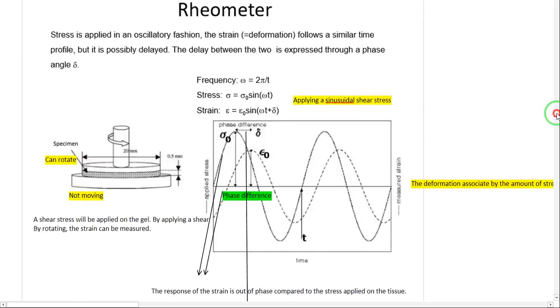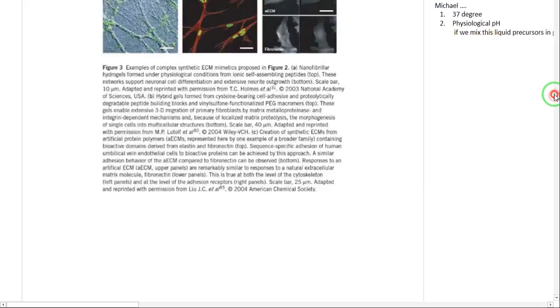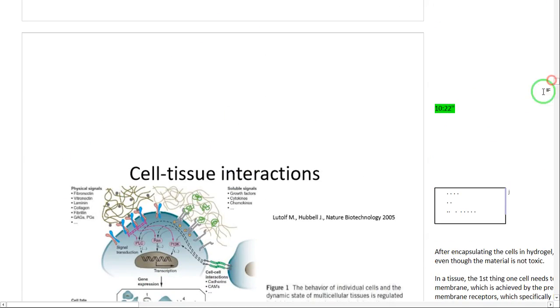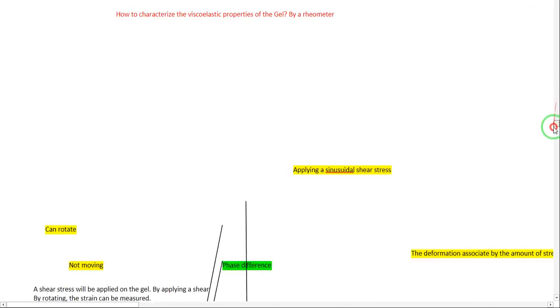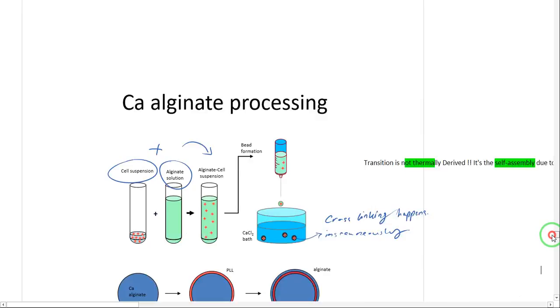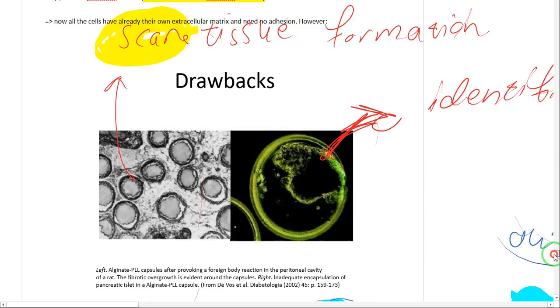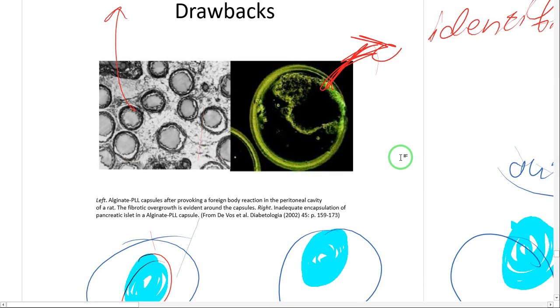And we said that the cells need to feel the mechanical force here. So the presence of the RGD is essential so that the cells feel the mechanical force between each other, so they will survive. But for the calcium alginate, the problem is that we cannot introduce the RGD, so the cells cannot survive. So what should we do?